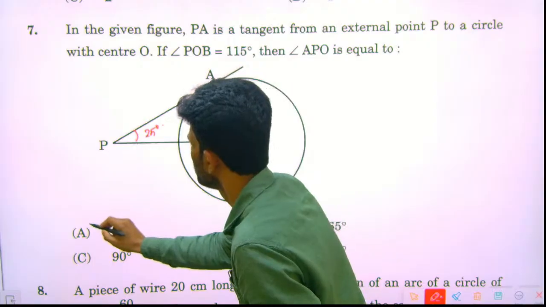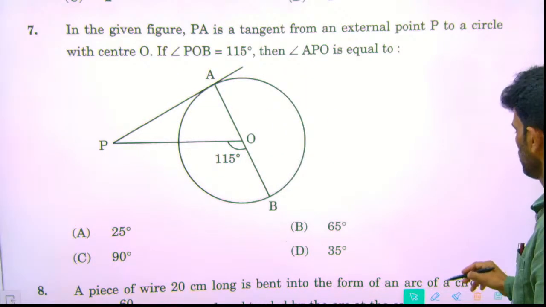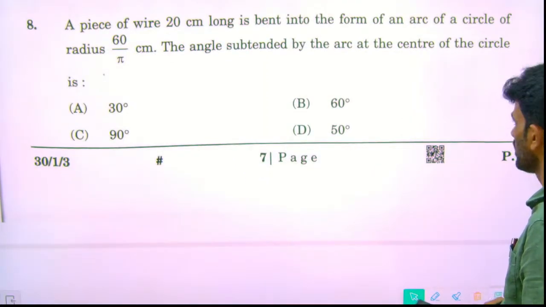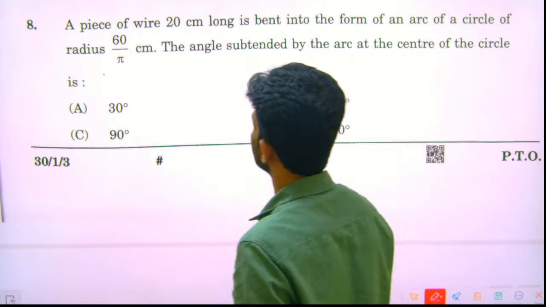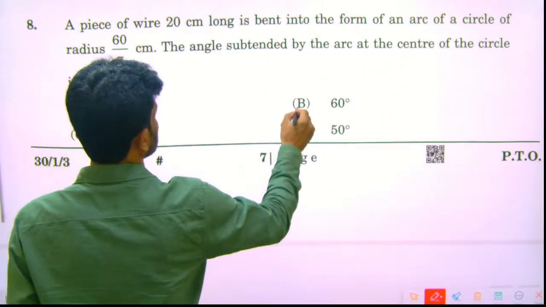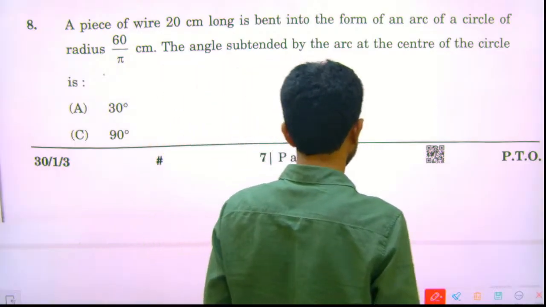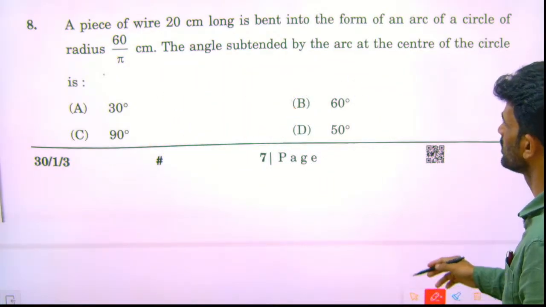So option A is correct. Next question number 8, this also we have done before. We got the answer 60 degrees. We used the area of sector formula and the length of arc formula.